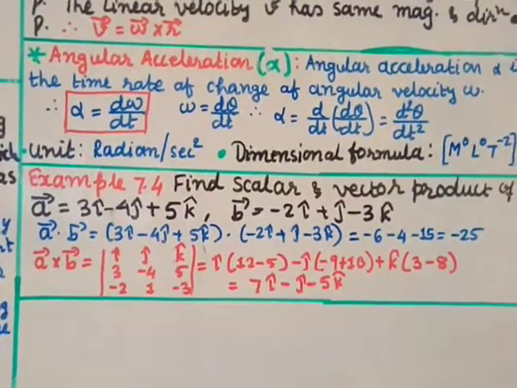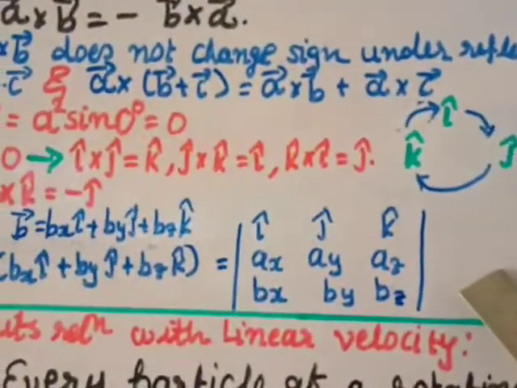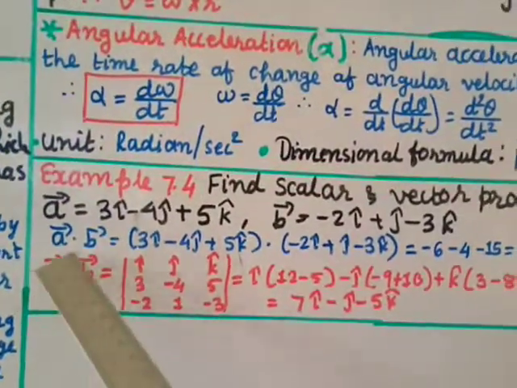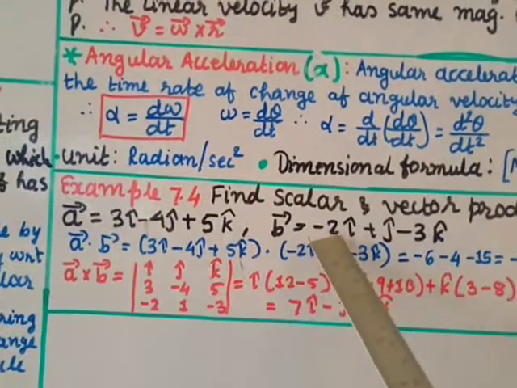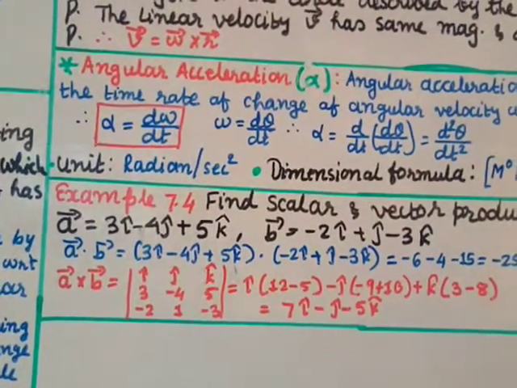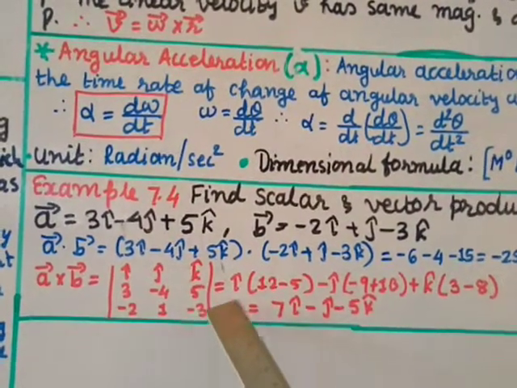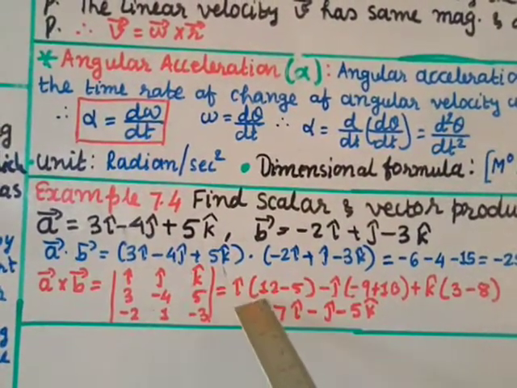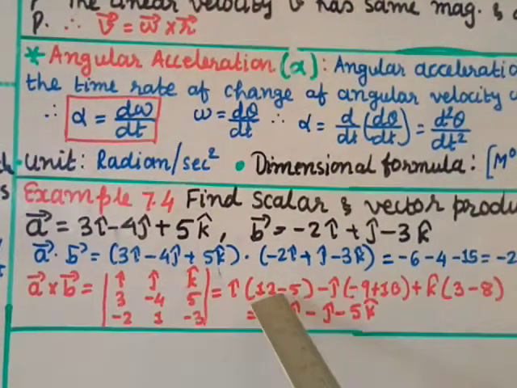This is the dot product. Now the cross product, A cross B, we find using the determinant with rows i, j, k; the first vector A, that is 3, minus 4, 5; and vector B, that is minus 2, plus 1 and minus 3. Now open the determinant. For i cap: minus 4 into minus 3 is 12, minus 5 into 1, that is 5.